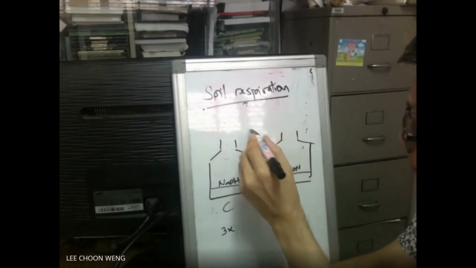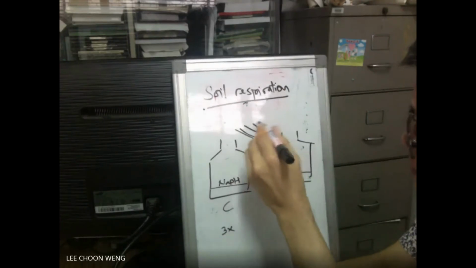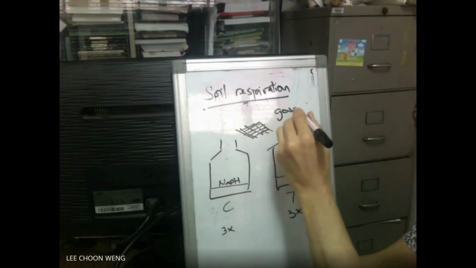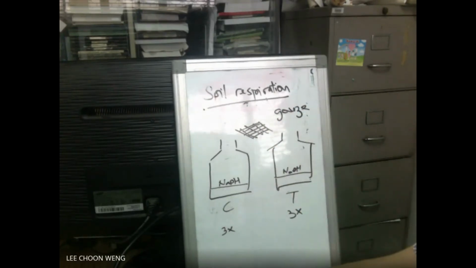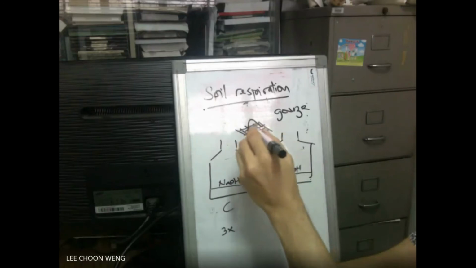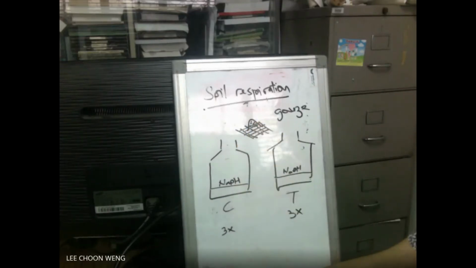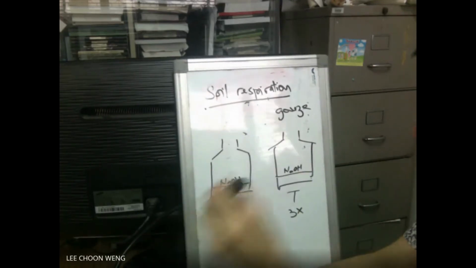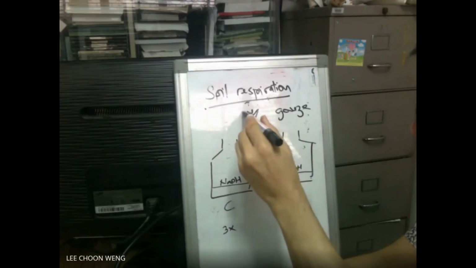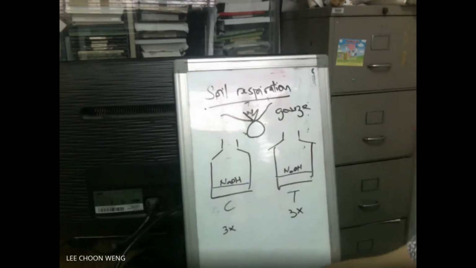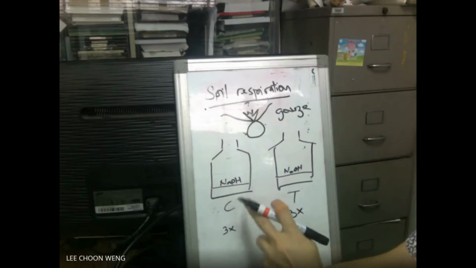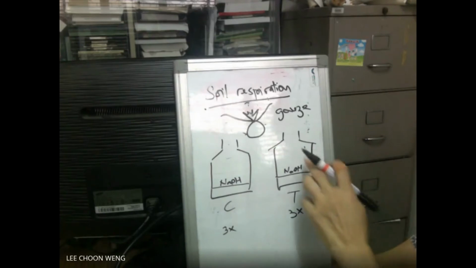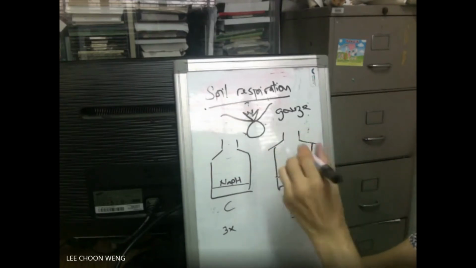What happens is we will use the gauze. Can you see the gauze? Then we'll put the soil here, and then we'll tie it up. For your control, this one doesn't have any soil inside, whereas for your test, it will have soil.